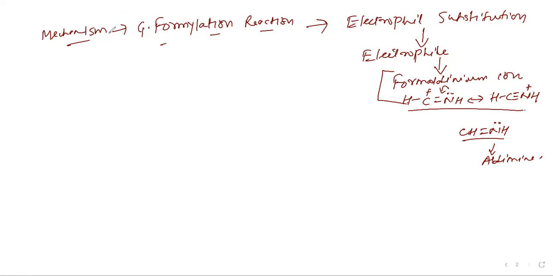So let's look at the steps. This formaldiminium ion is formed by reaction of HCN and HCl.